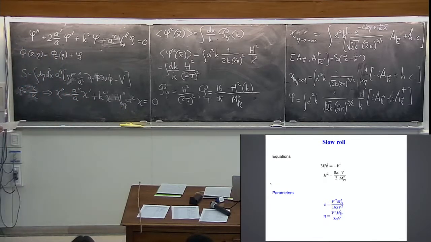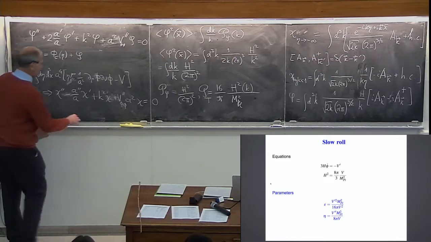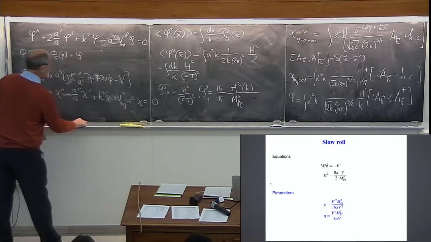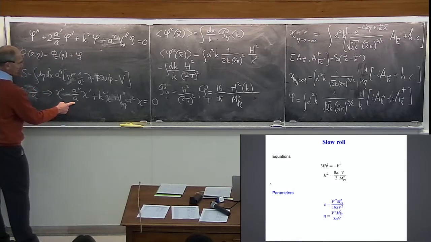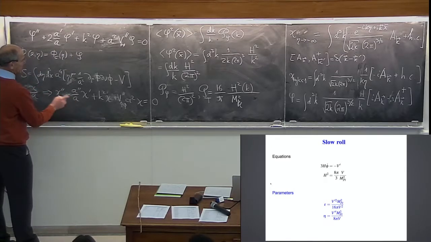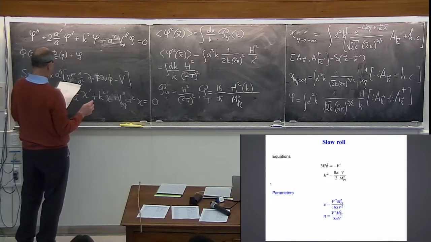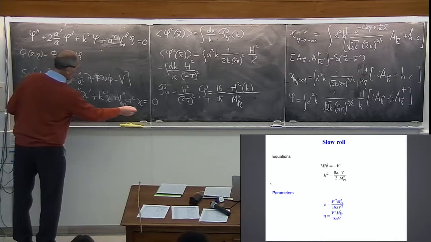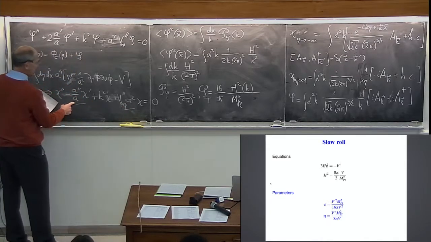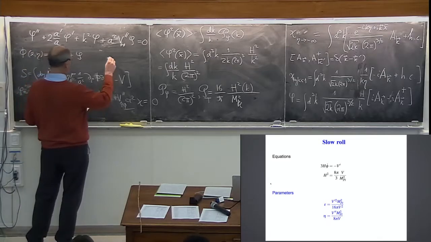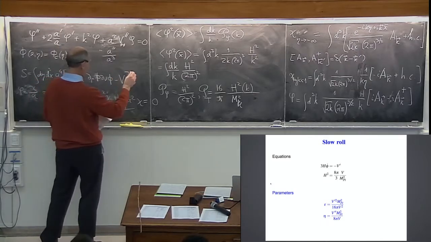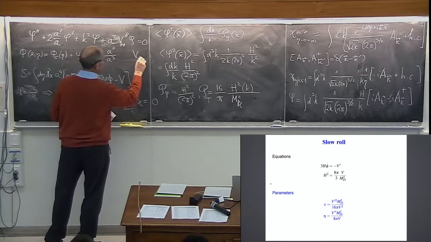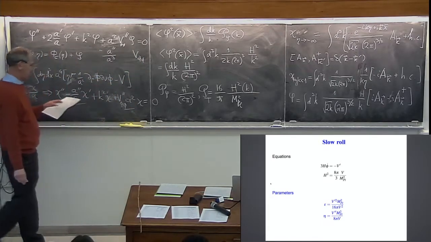So anyhow, I can compare this term and this term here. I compare a double prime over a cubed versus the second derivative of the potential with respect to phi.